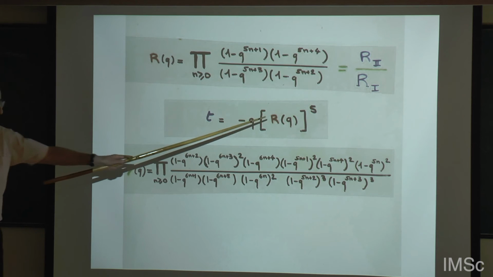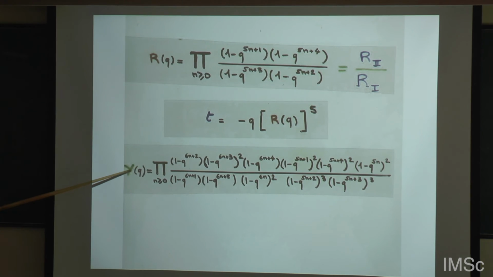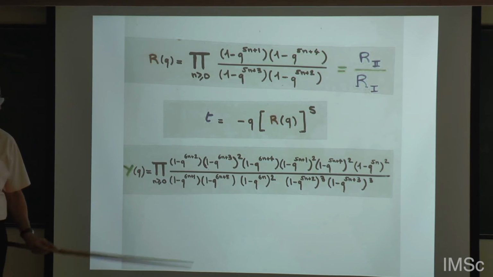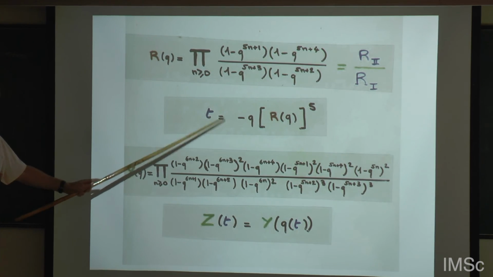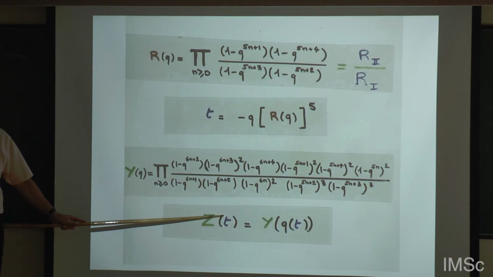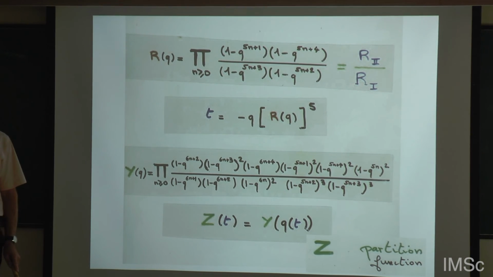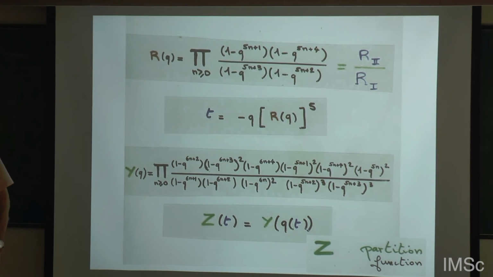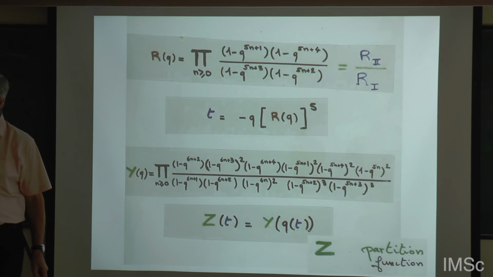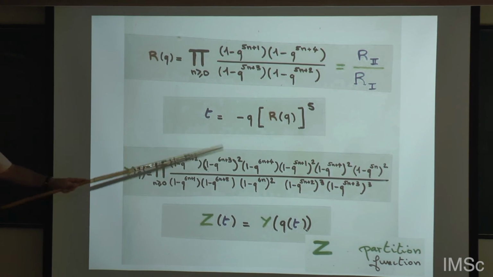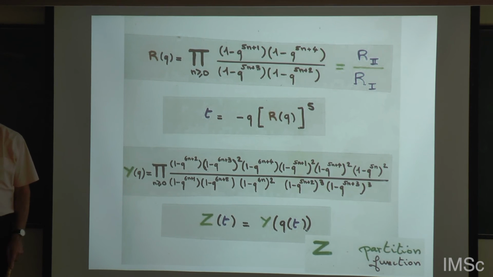so you have t as a function of q, y as a function of q, and if in your mind you eliminate q between the two, you get a function Z of t. And Z of t is exactly the partition function of the gas model. This is the partition function. So where is the critical phenomenon? The critical phenomenon is when you put q equal 1.